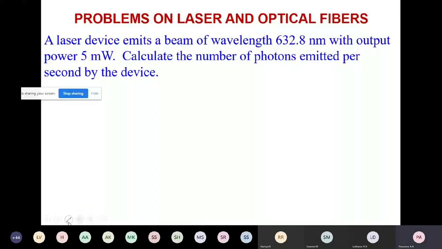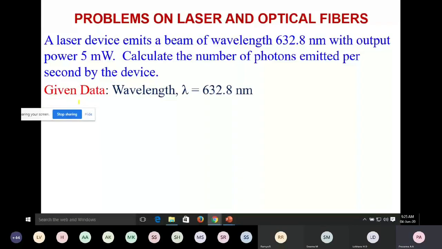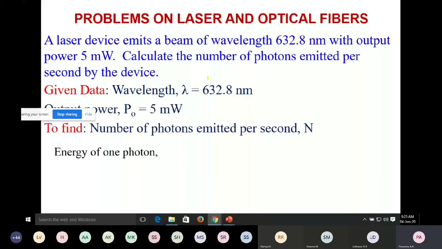In order to understand this problem, it's good if we go through the data. The wavelength is given, which is 632.8 nanometer, and output power is given to be 5 milliwatt, and we need to calculate the number of photons emitted per second.